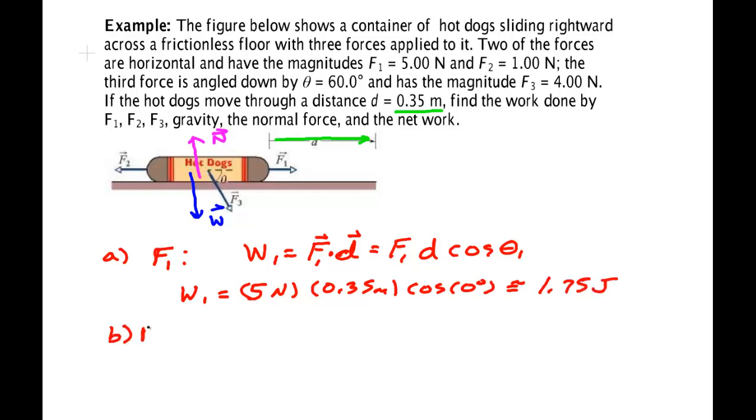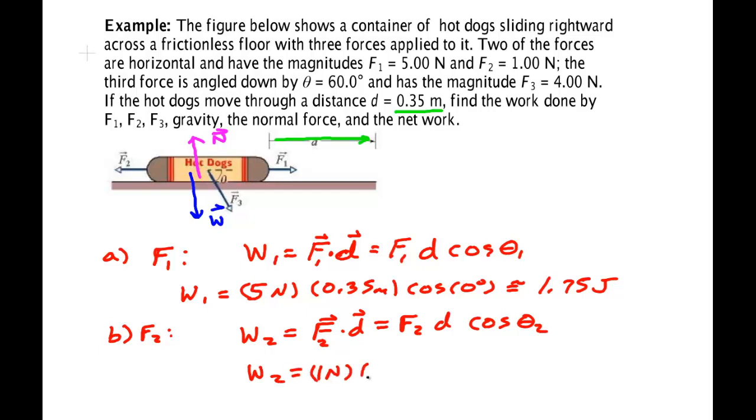What about for force 2? W2 would be equal to F2 dotted into D, which would be F2 D cosine theta 2. This would be equal to, force 2 is 1 newton, distance is 0.35 meters.